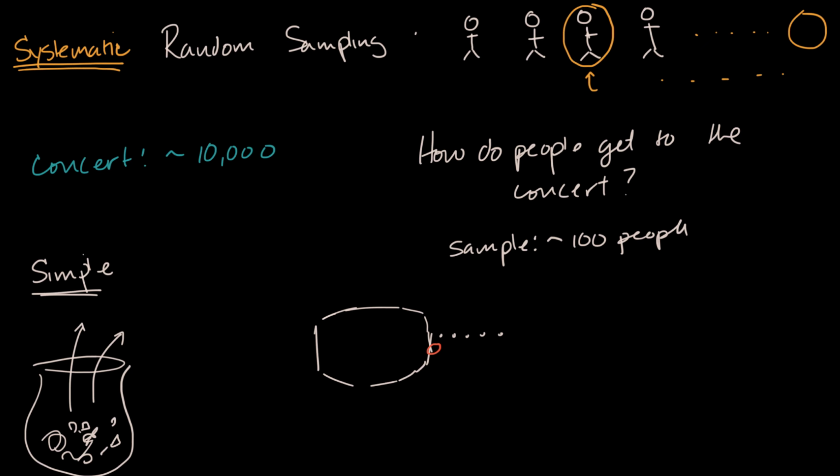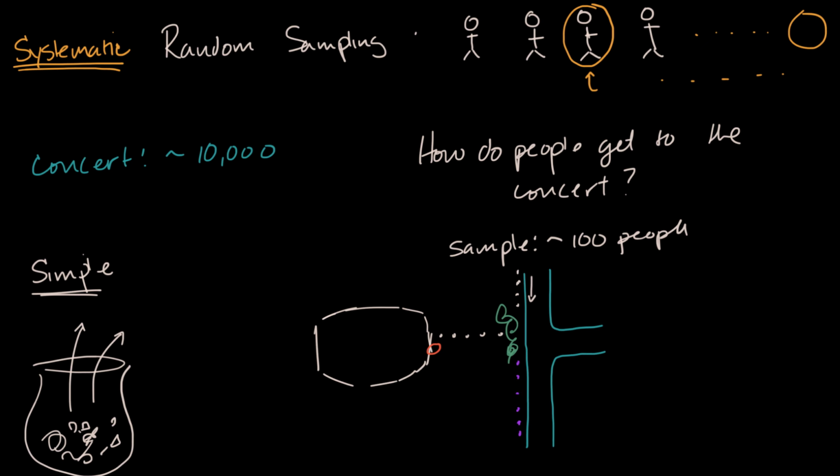But let's say there's a tree right over here. And maybe there's a road. I'm making this quite elaborate. So maybe there's a road right over here. And maybe all of the people who are walking or taking a cab are coming from this direction. And maybe all of the people from the parking lot are coming from this direction.